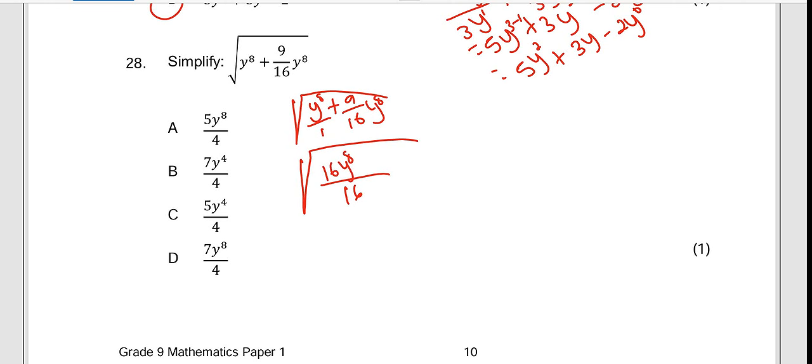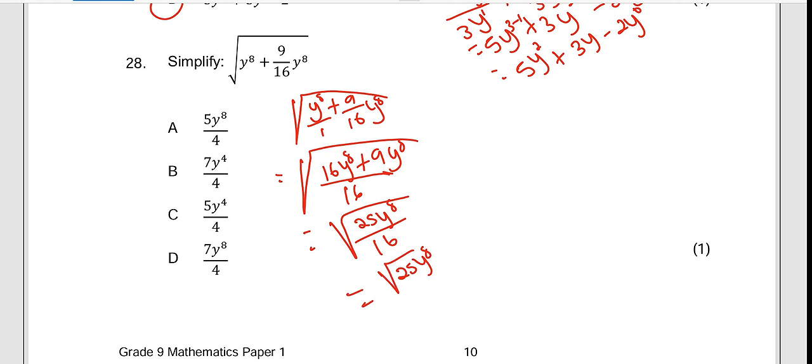And then I will take this to the other side. It's going to be 9y8. So 16 plus 9 is going to give me 25 over 16. And then I will square everything. y8 divided by the square root of 16.